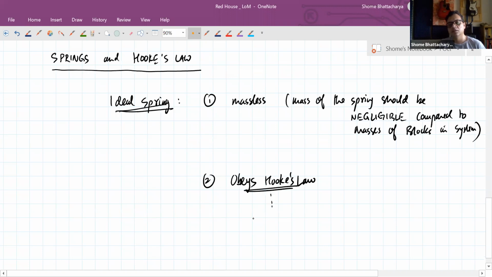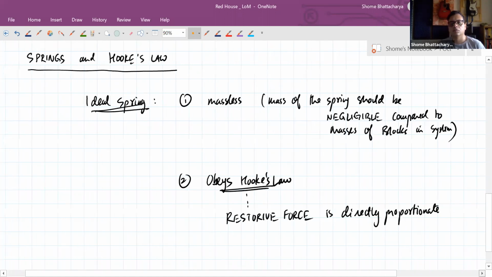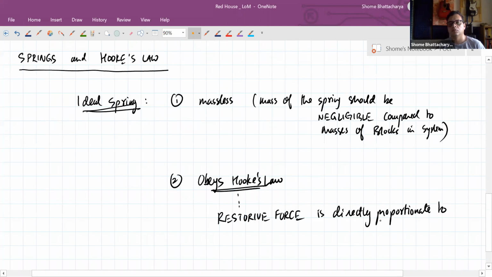It tells that the restorative force is directly proportional to the amount of deformation.